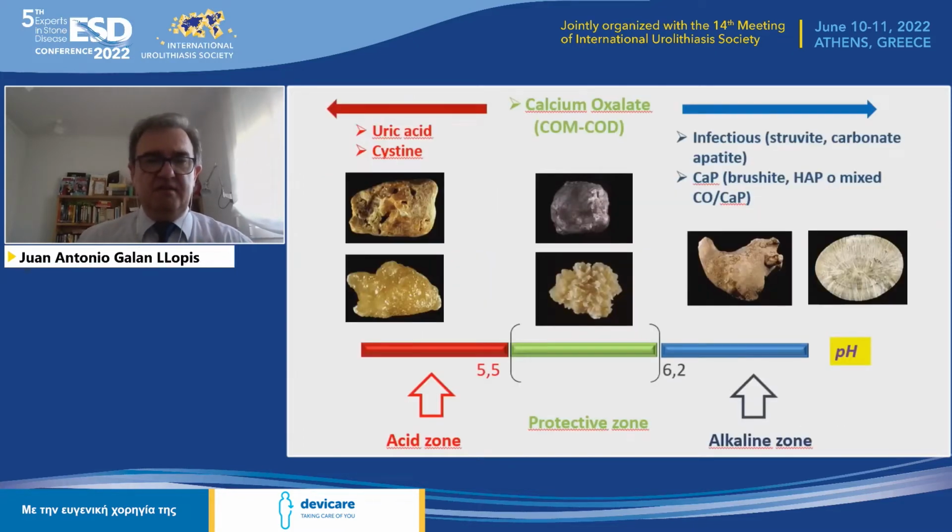You have already seen a similar slide before, but I don't mind talking about it again because I think it's the most important slide of our presentations, to reinforce the idea that urine pH is a key factor for stone formation.